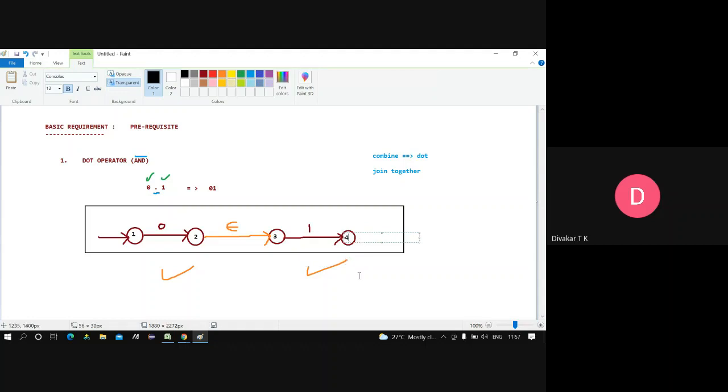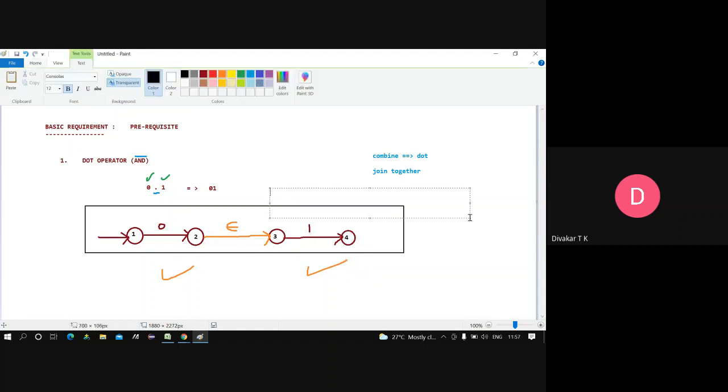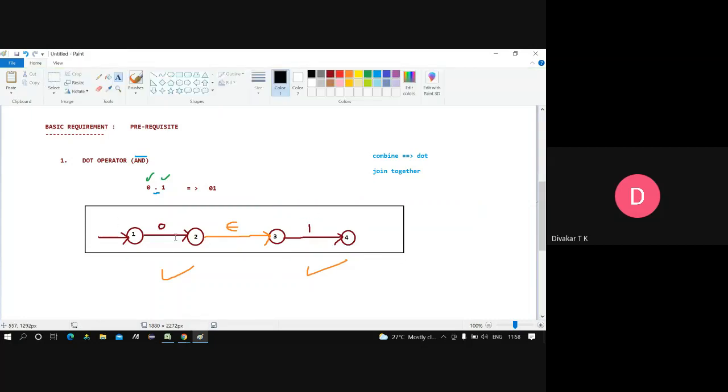If you don't wish to name it like this, you can give q0 q1 q2 q3, or if you wish, a b c d. However you want. If you like it or not, I will give 1 2 3 4 only. So we have 4 states here.